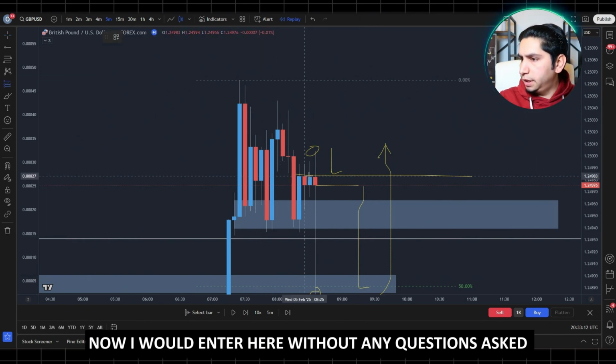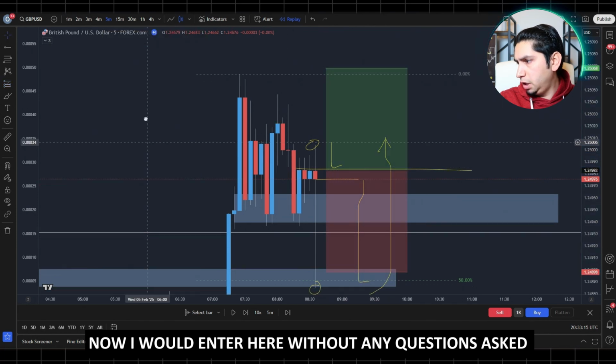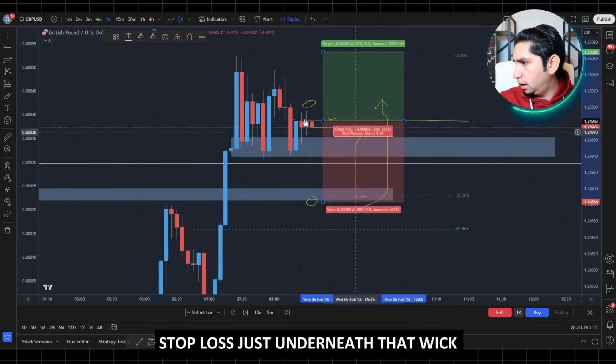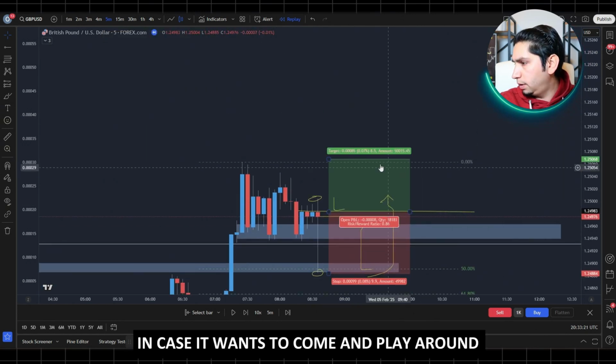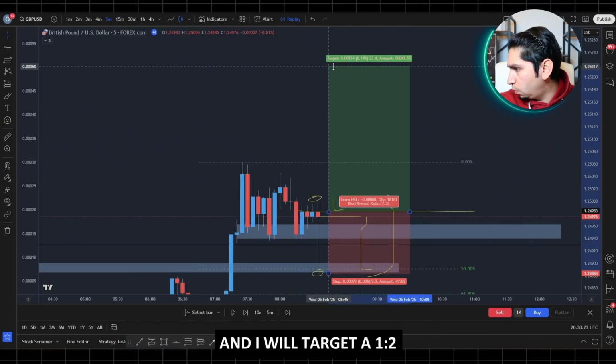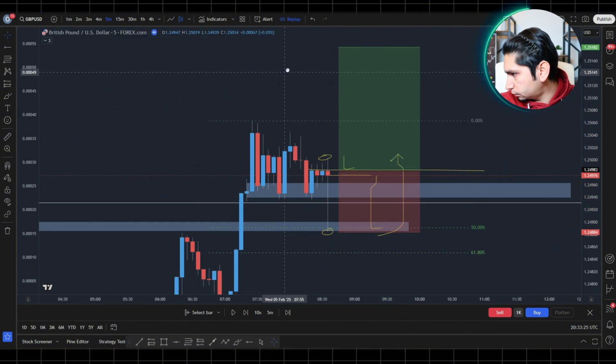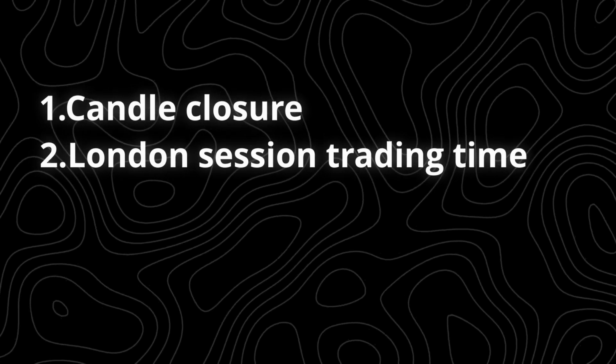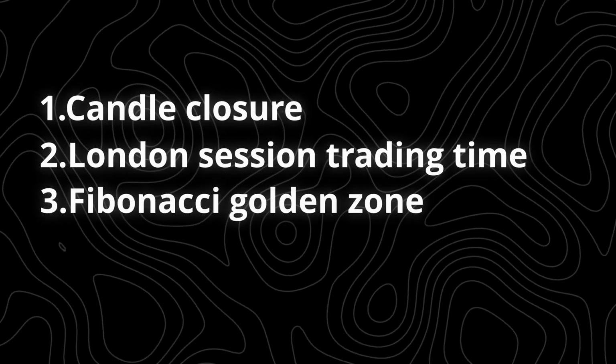Now I would enter here without any questions asked. Stop loss just underneath that wick in case it wants to come and play around, and I will target a 1 to 2. All of this was possible because of a couple of things: candle closure, London session trading time, and the Fibonacci golden zone.